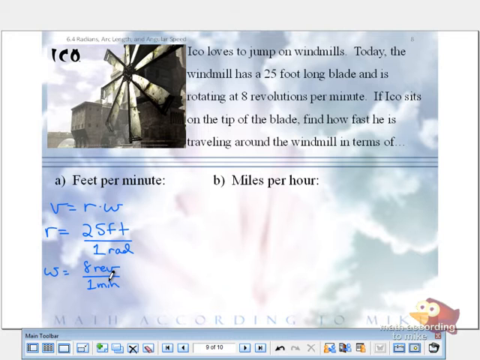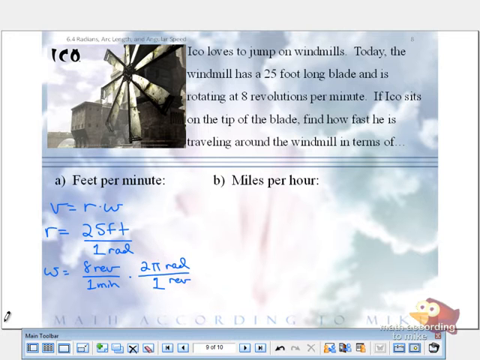So let's get rid of the revolutions in omega. Since we want to get rid of revolutions, where do I put revolutions in my unit fraction, top or bottom? Bottom, it has to go diagonal. And we want to go to radians up top. 1 revolution is how many radians? 2 pi.